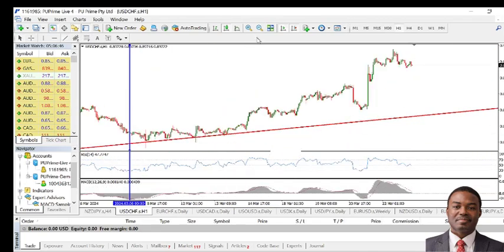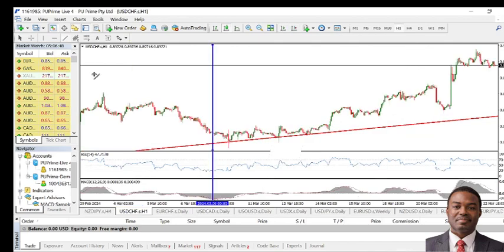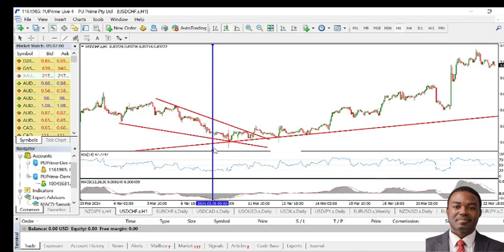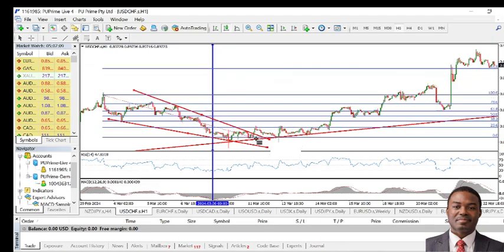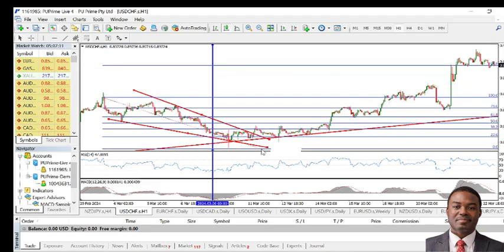Now, right on the 1 hour time frame, we could draw a trend line right here. And the second one at the back here gives us a valid falling wedge again. And we can take our most recent high from here to the most recent low.